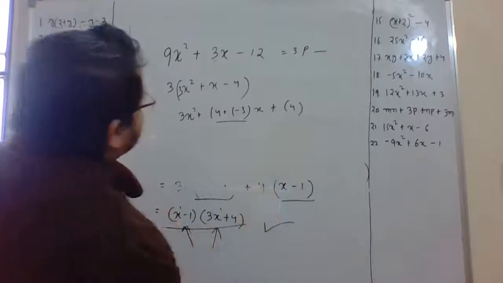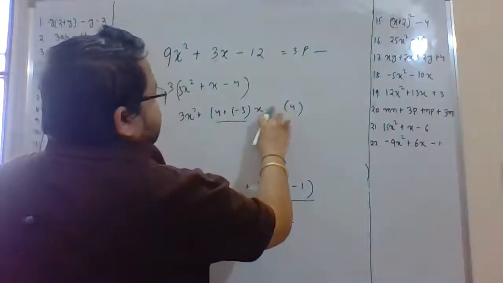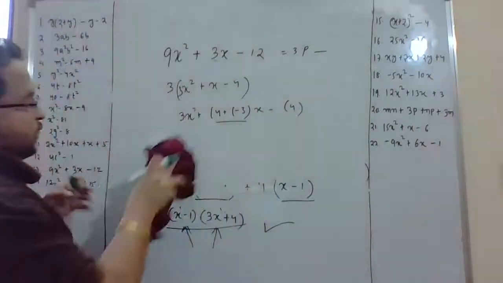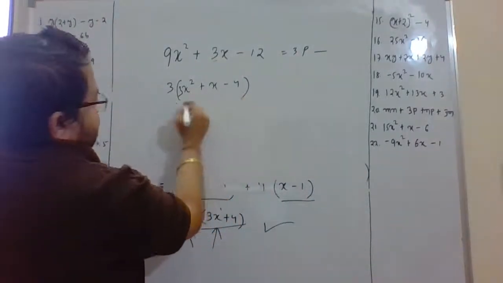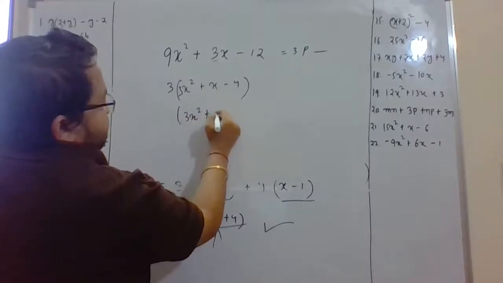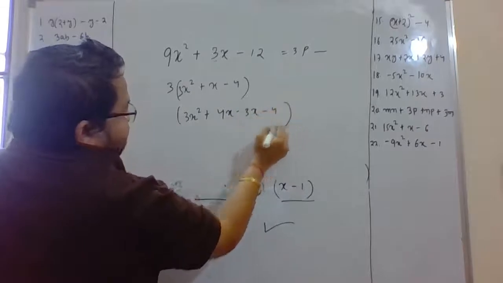So I can express this as sum and product type also. Okay, it's not exactly sum and product type, but still, if I want, I can just split the middle term as 3x squared plus 4x minus 3x minus 4.